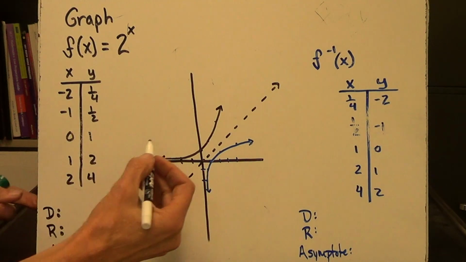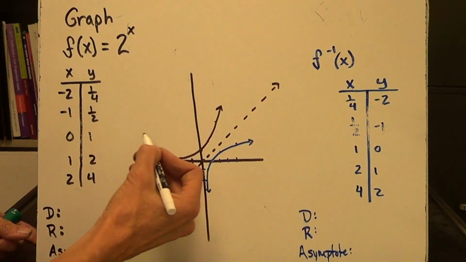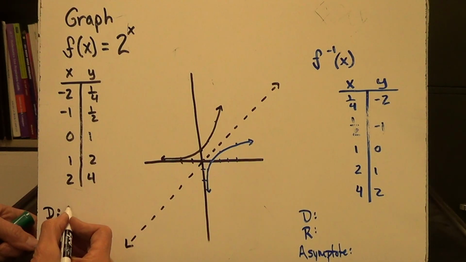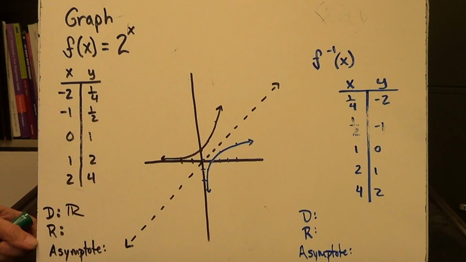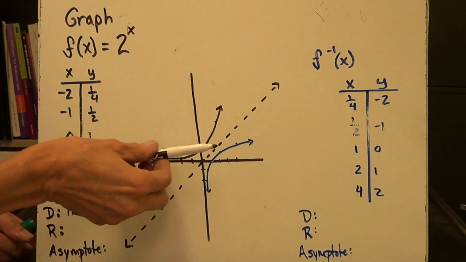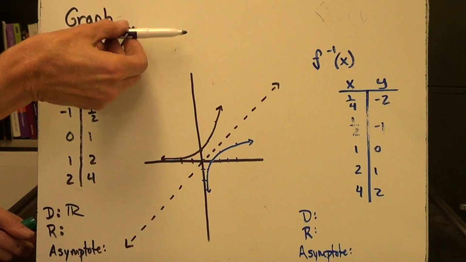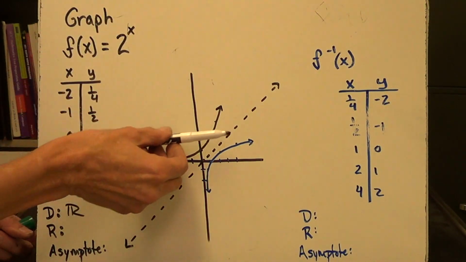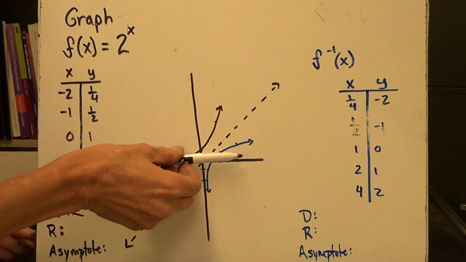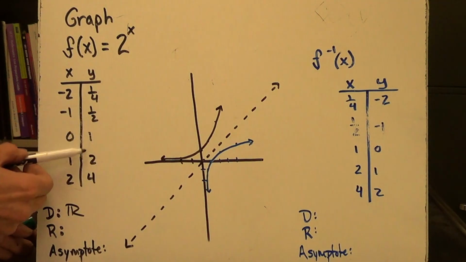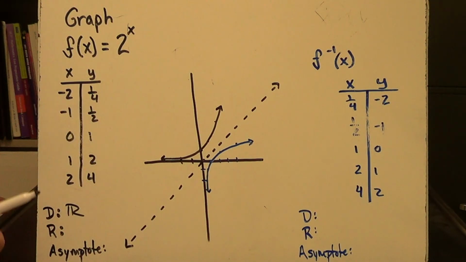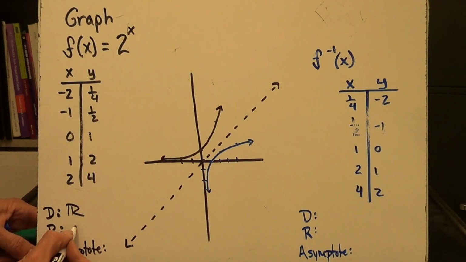The domain going left to right on this black line is all real numbers. There's no limitation. But on the range, remember, you can't have an exponential function in the parent form that crosses 0. You won't get a 0 here on the output, because if you multiplied, you'd just get zeros. You wouldn't be able to go any further with your pattern.